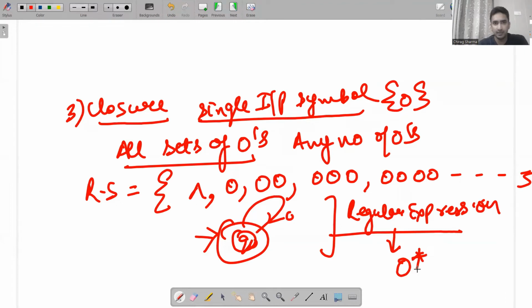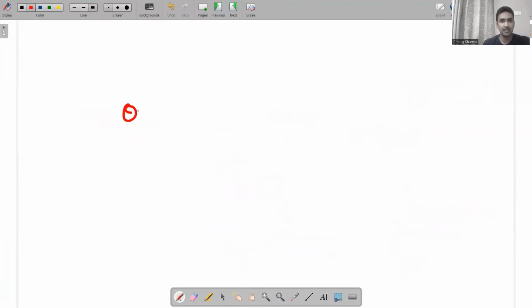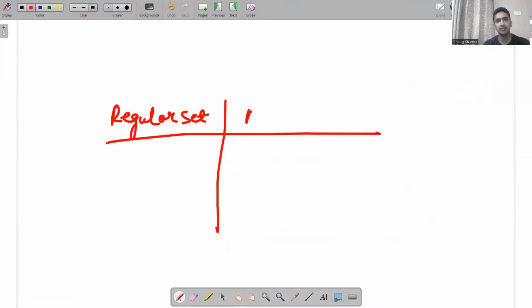So again, there are three sets of operations. First, if I have to summarize, 0 plus 1 means either 0 or 1. So I'm just writing a regular set over here, and this is a regular expression.